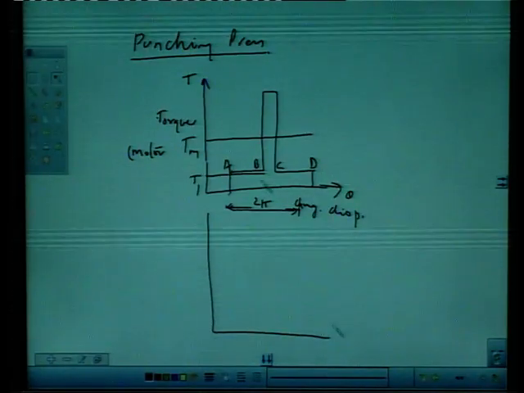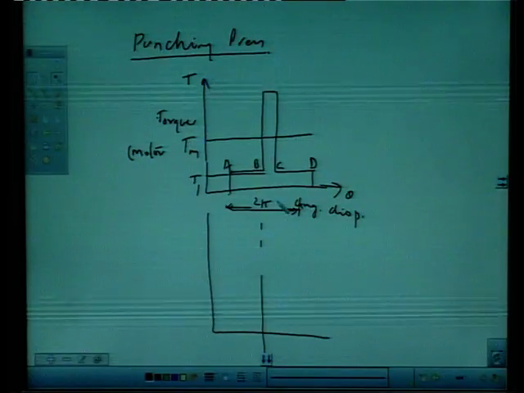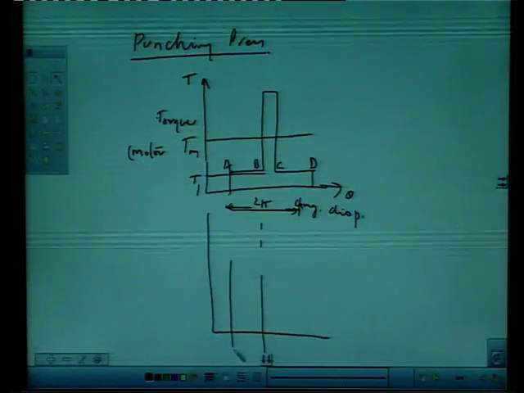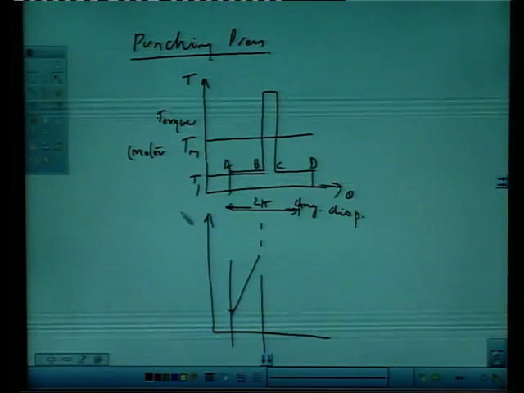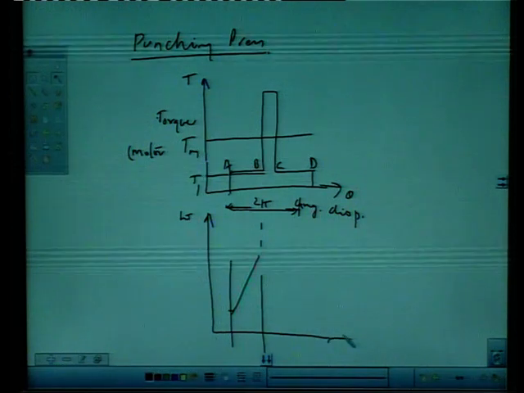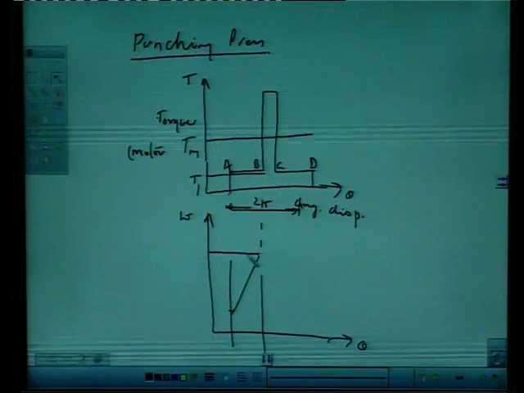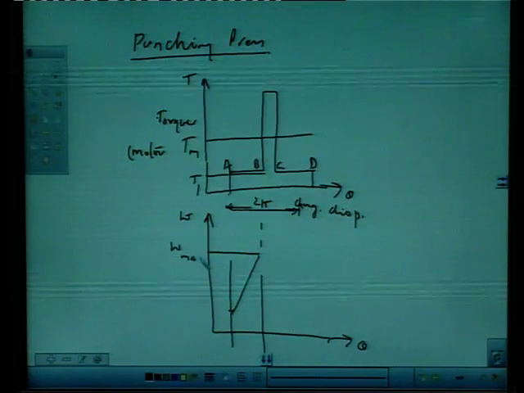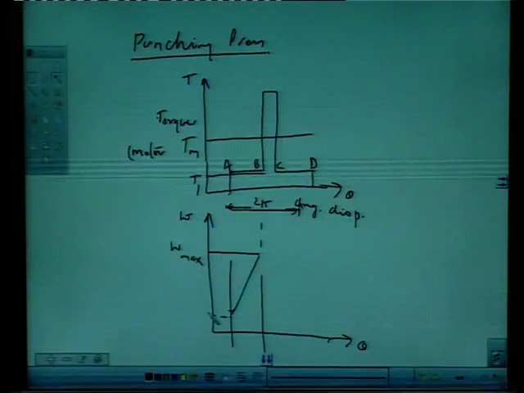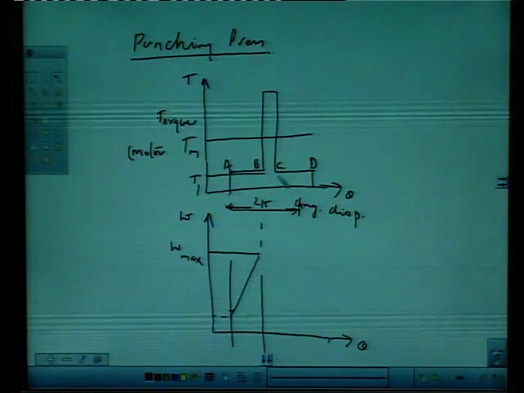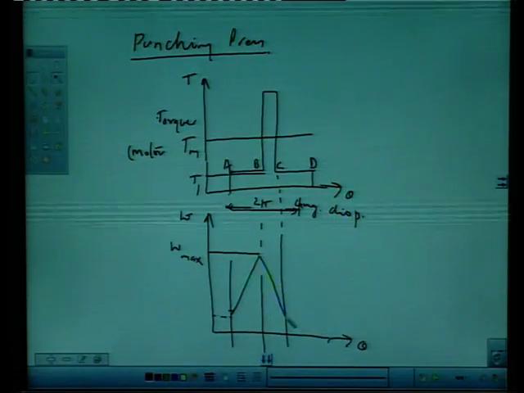If you see the variation of velocity, the angular velocity, that is omega, with respect to theta will increase. So, here the velocity will increase from some minimum value to a maximum value, and then it will decrease.